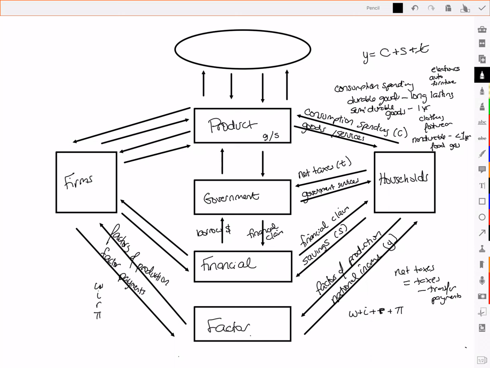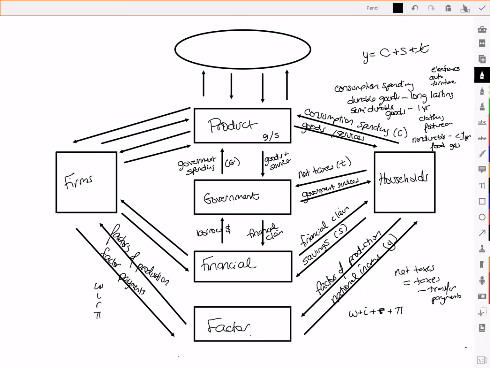Well, what does the government do with this money? So the government borrows some money. They get money from you in terms of your net taxes. And combined, they do government spending, which we can label with a G. And this government spending is the government giving money to firms in the product market, and in exchange, getting goods and services.